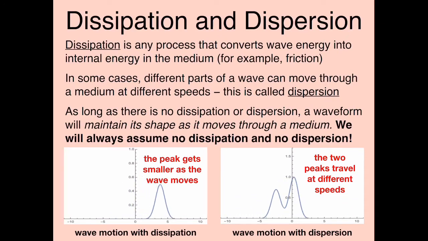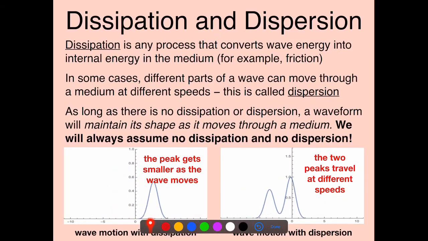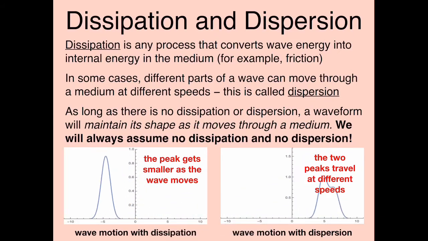Okay? So the reason that we are talking about this is that we're going to make an assumption throughout the rest of this lecture. We're going to assume that there is no dissipation and no dispersion. Because if you notice, if we have dissipation, like in this animation over here, the waveform changes, the shape of the wave changes.